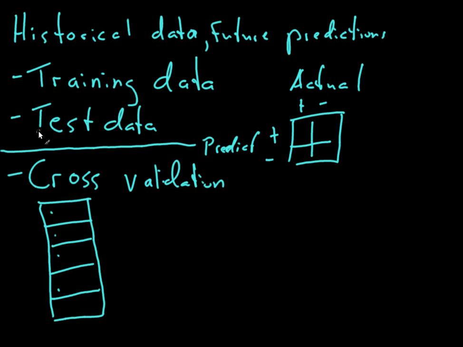So we trained it on 80 records and tested on 20. With cross-validation, we can go through these. In this first pass, we train on this group and test on this group. Then on the second pass, we train on these, and this guy right here will be our test.